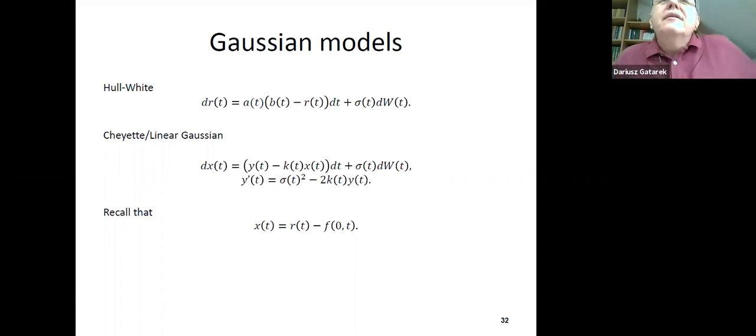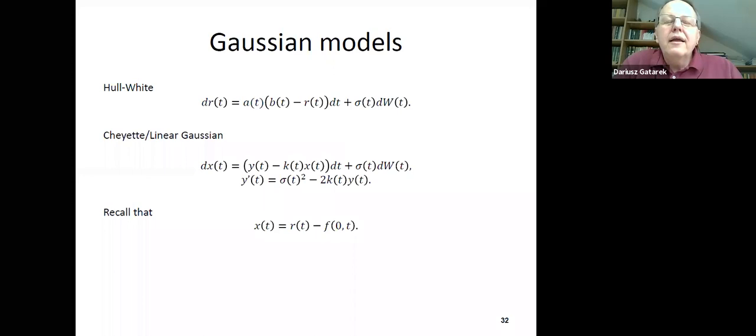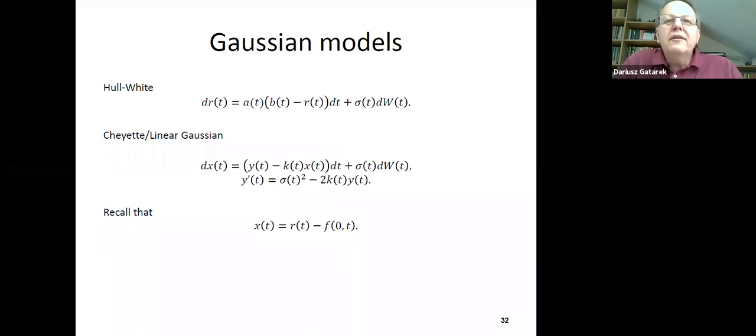And I've noticed a trend that more and more houses replace the Hull-White model by Cheyette, normally called linear Gaussian.